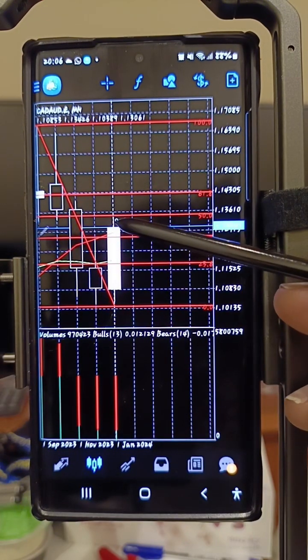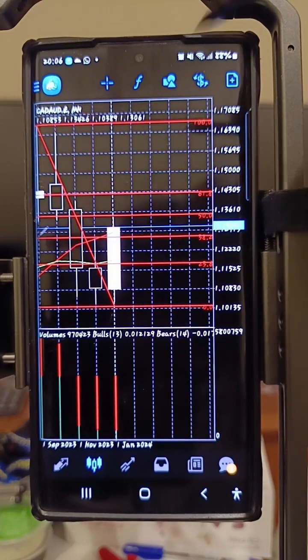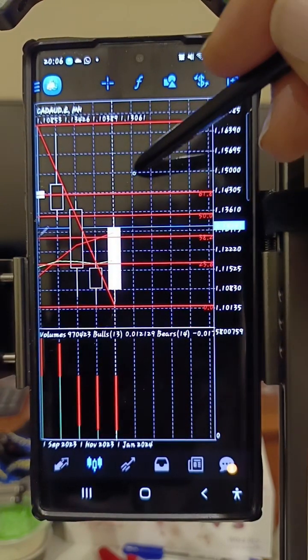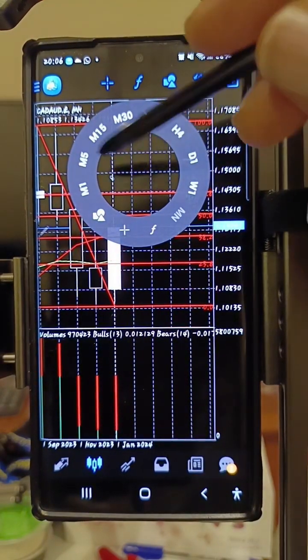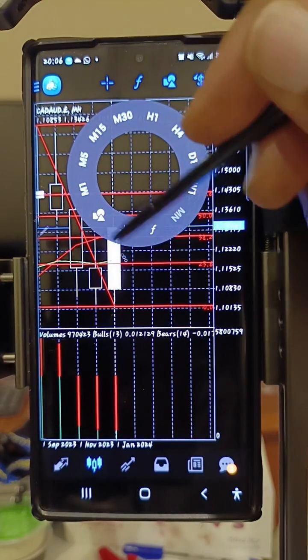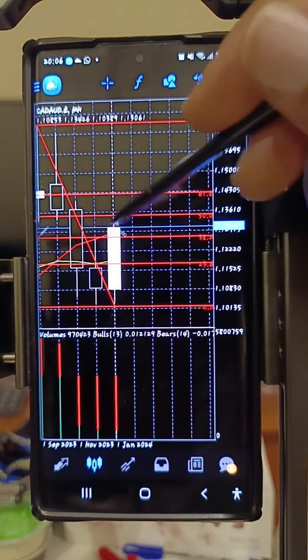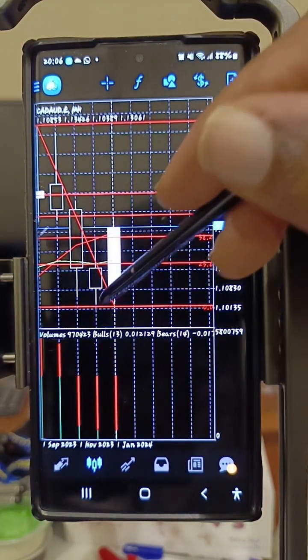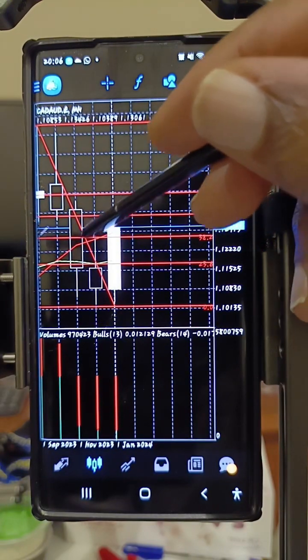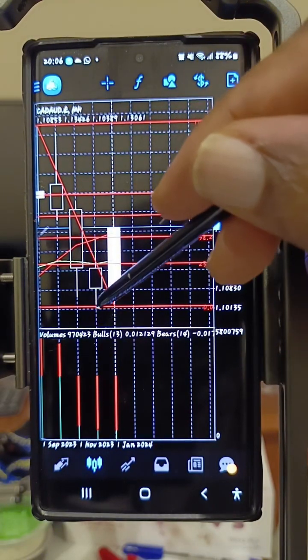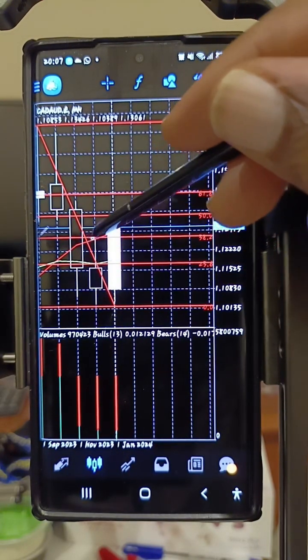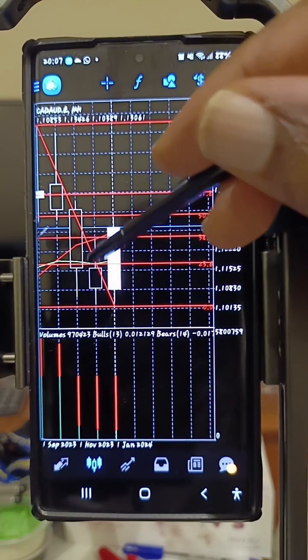So for this week, all I'm looking for is a continuation, because this is a strong, we call this a Middleman. It engulfs. Can you see it engulf? It engulfed the last sell candle, so it engulfed December.